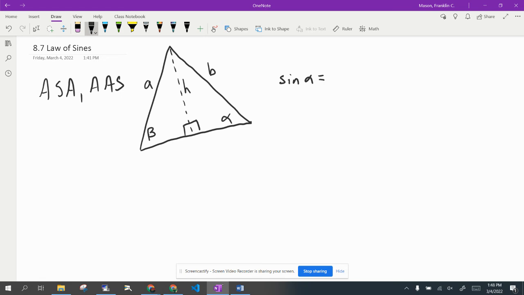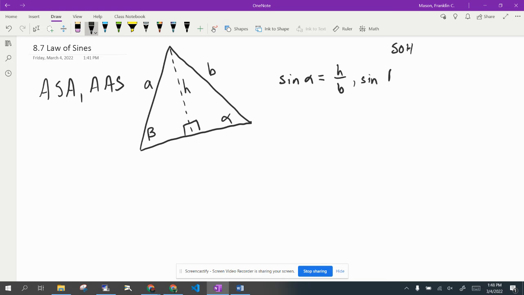What is sine by definition? Opposite over hypotenuse. Sine is opposite over hypotenuse. So it's h over b. That's exactly right, because it's the right triangle that's on the right-hand side. And the leg opposite the alpha is h, and the hypotenuse is b. So the sine of alpha is h over b.